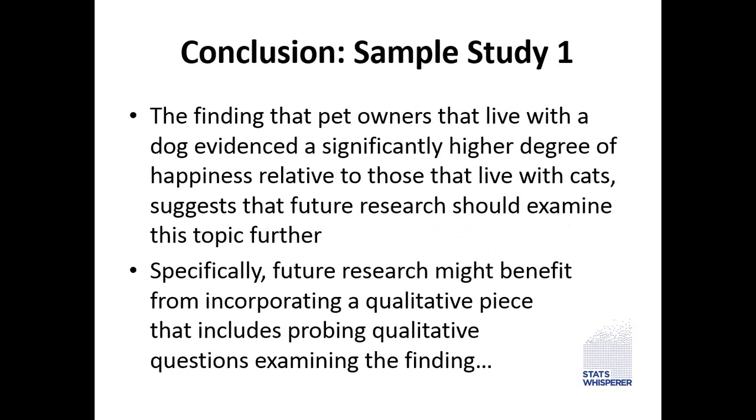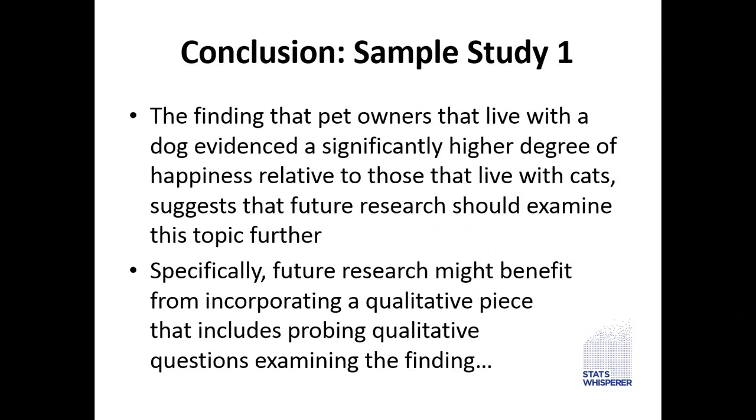So specifically, future research might benefit. So we don't say would benefit. We don't know if it would. It might benefit from incorporating a qualitative piece that includes probing questions examining the finding. So that just makes sense. So we have this finding. We're not sure what it means or how it got there.